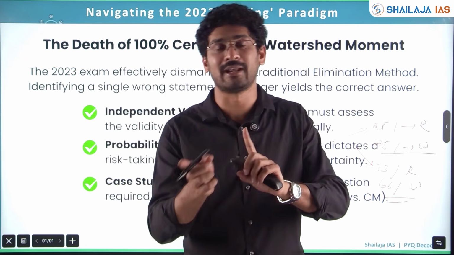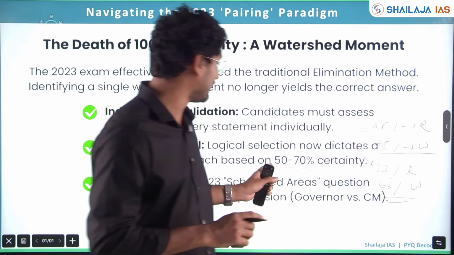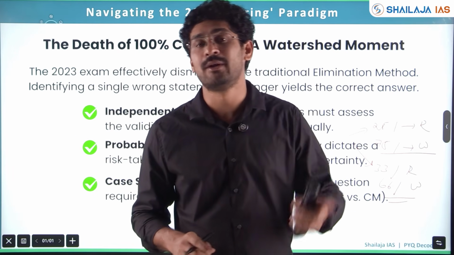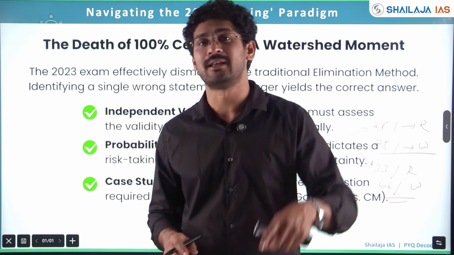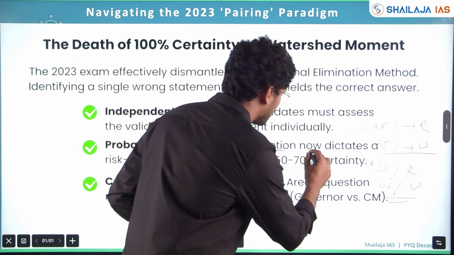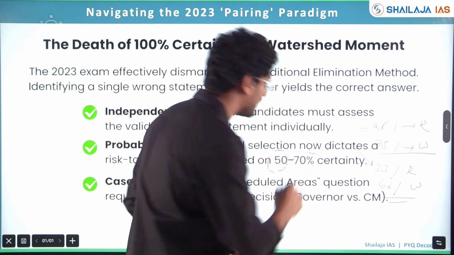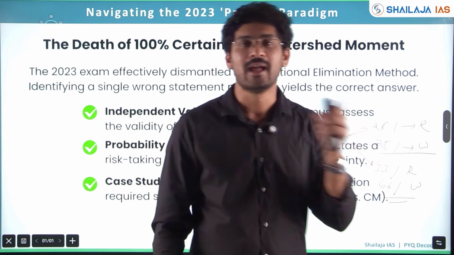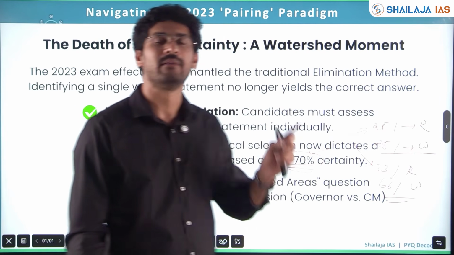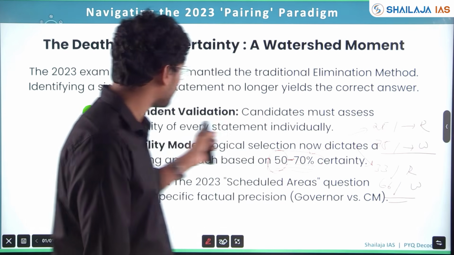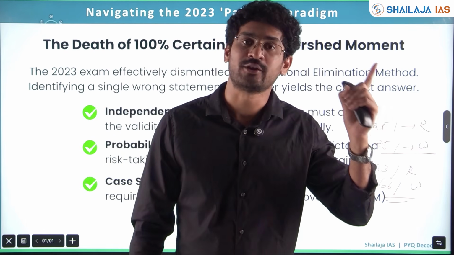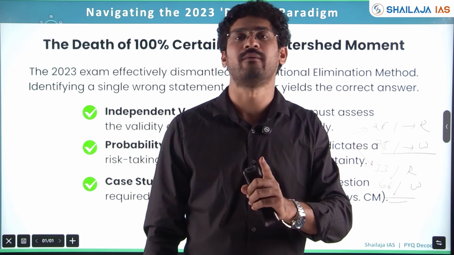Obviously, you will come to 50-50, right? But if you understood PYQ, if you are able to decode the other statement, the other option, it will actually be 70%. This jump from 50 to 70%, which is actually 100% right, happens through decoding PYQ, and you should independently validate each statement, each option, mainly in the last 4 to 5 years.